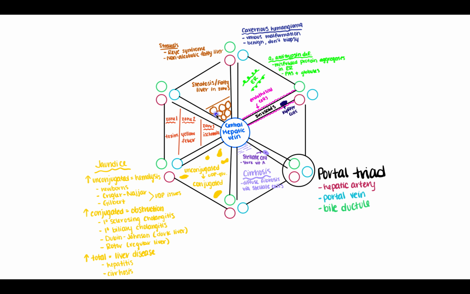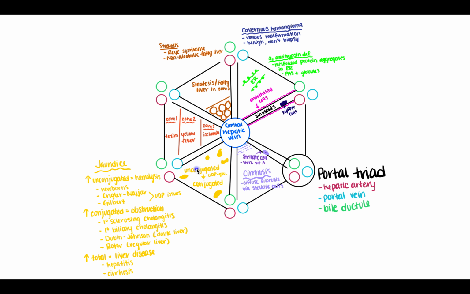The last thing I kind of want to go over that, for whatever reason, I really struggled with for a while is jaundice. And I put this in yellow, and I hope you guys can read it okay. But here we have where you go from unconjugated to conjugated bilirubin through the UDP enzyme. And so if you have an increase in unconjugated bilirubin, it makes sense that this is probably a hemolysis issue, right?